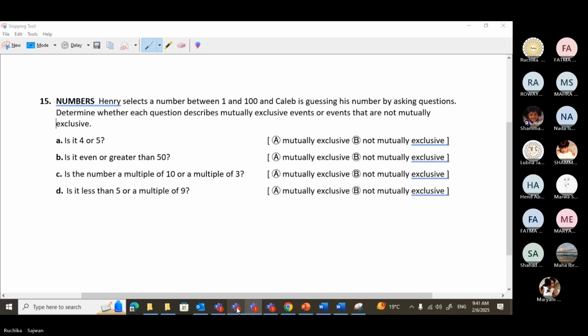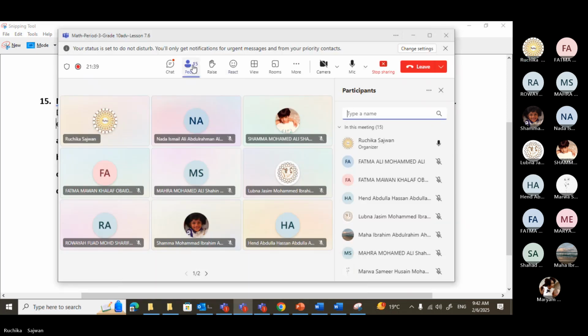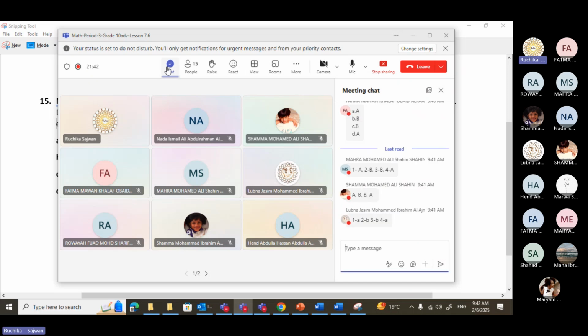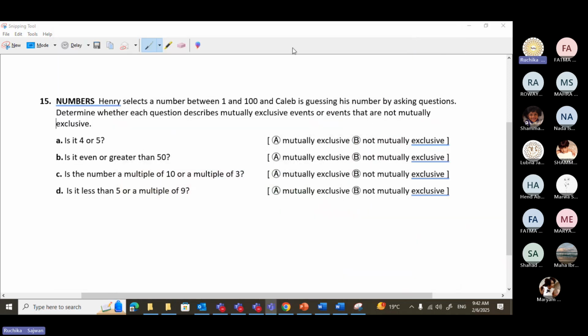Unmute. If you want, use the chat also. Type the number. Can I say 30? 30 is a number which is a multiple of 10 also, a multiple of 3 also. So it has something common. So it's going to be not mutually exclusive.